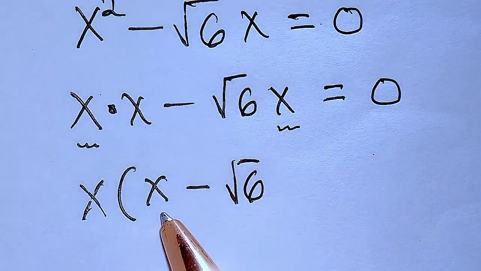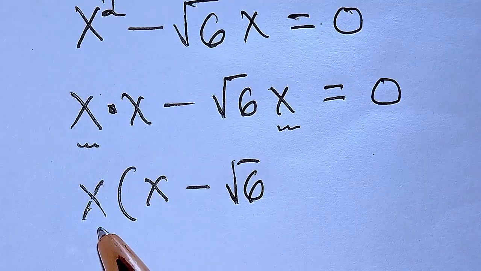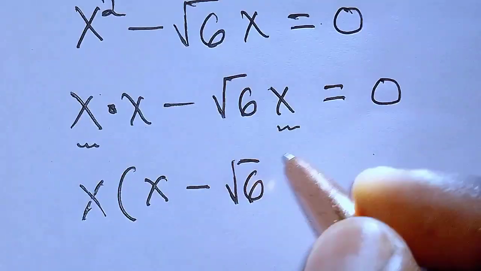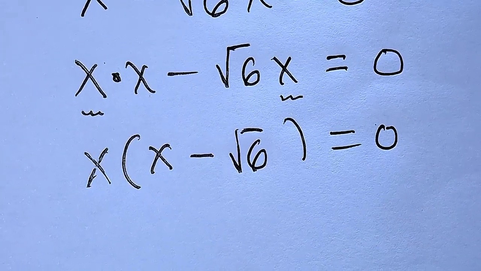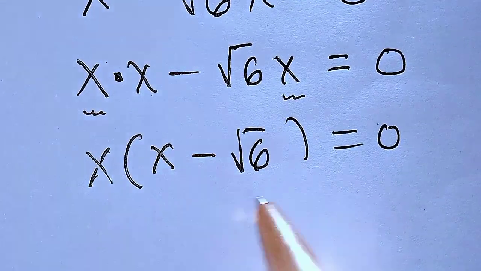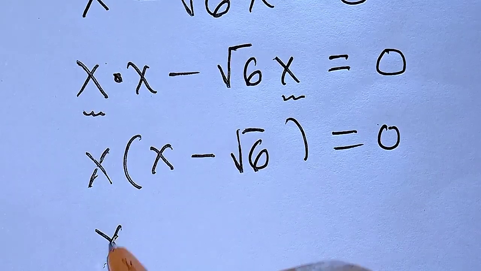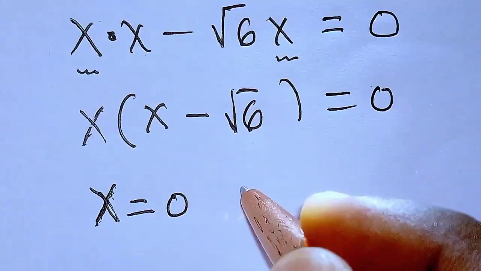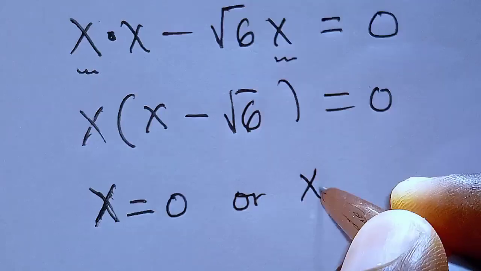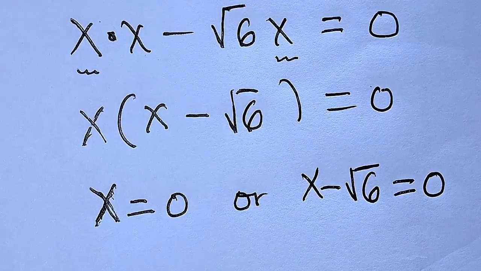That is why we have here the root 6 times x divided by x, you're going to have root 6, then equals 0. So now the next thing, this is a zero form equation. So this is telling us that either x equals 0 or x minus root 6 equals 0, right?